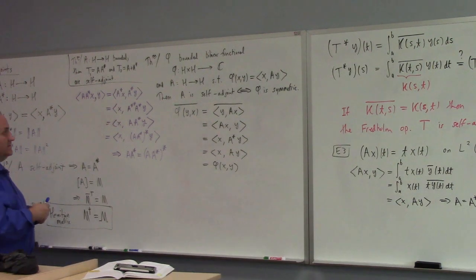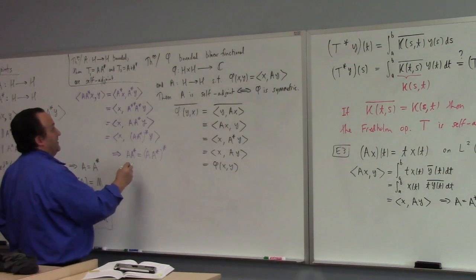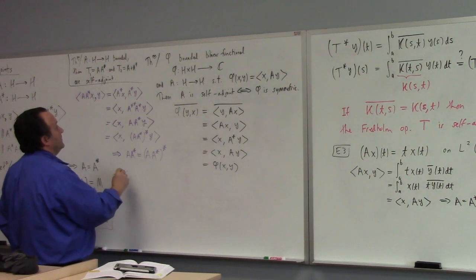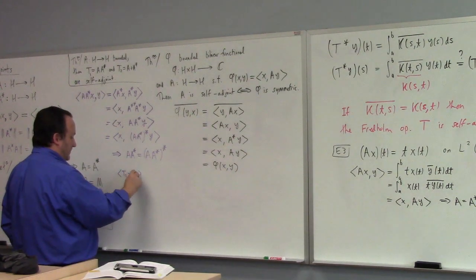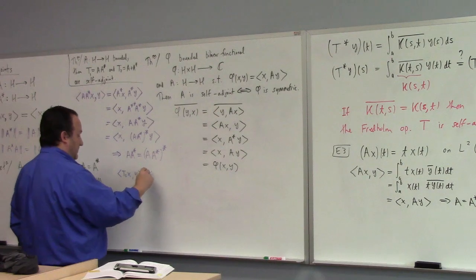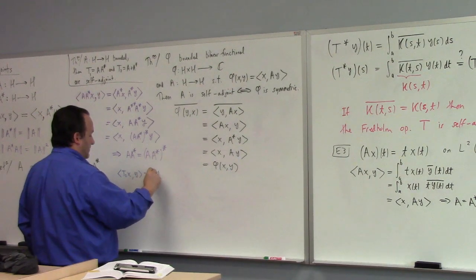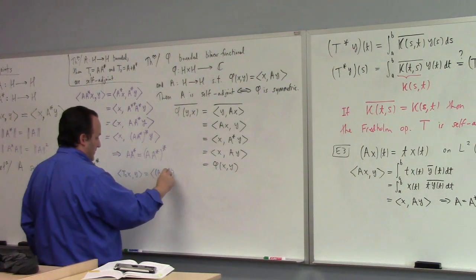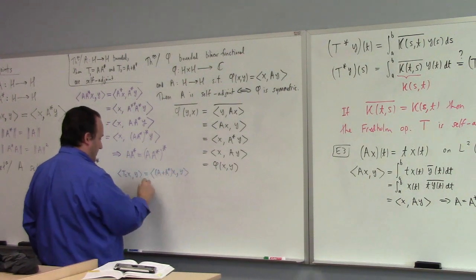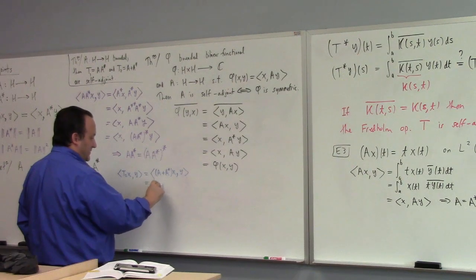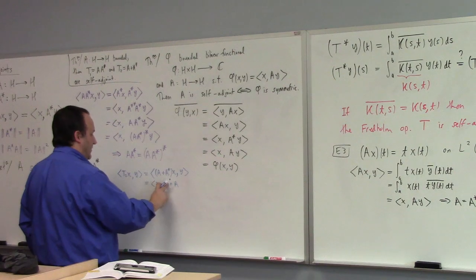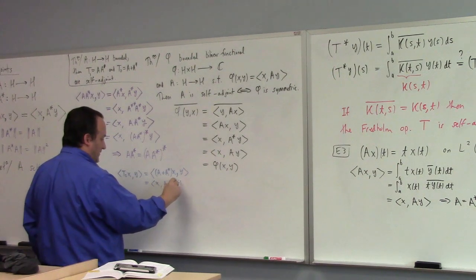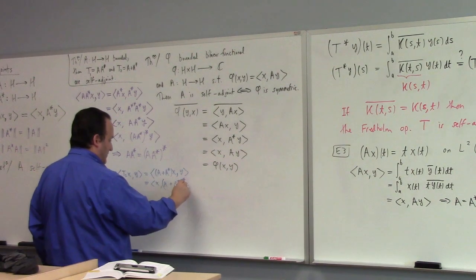And the proof of the other one, if we look at T2 x comma y, then that is equal to A plus A adjoint x comma y, which is, this one's even easier, x, A plus A adjoint, y.